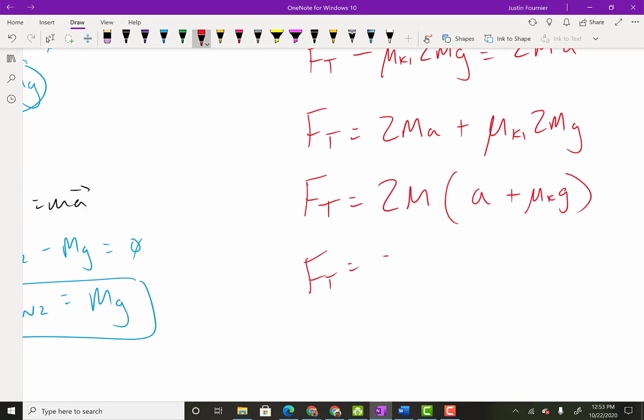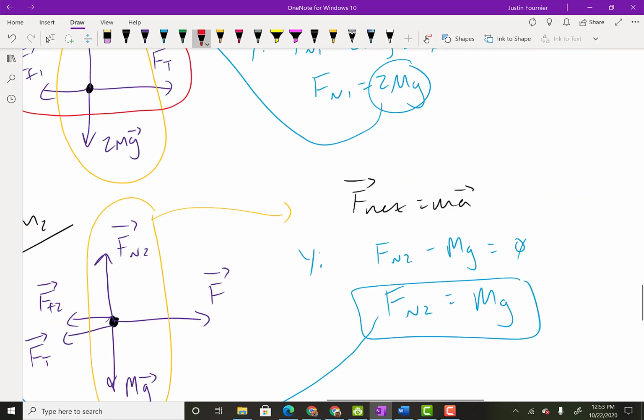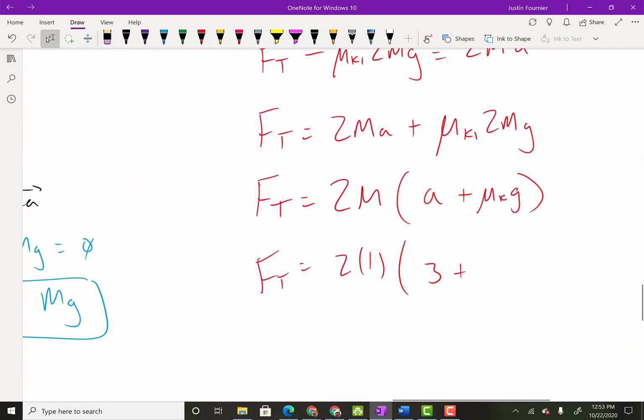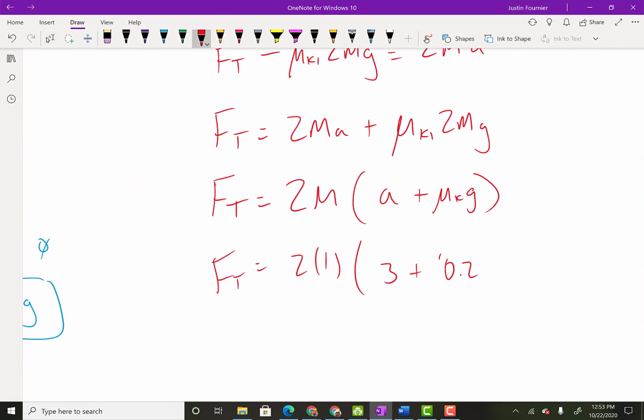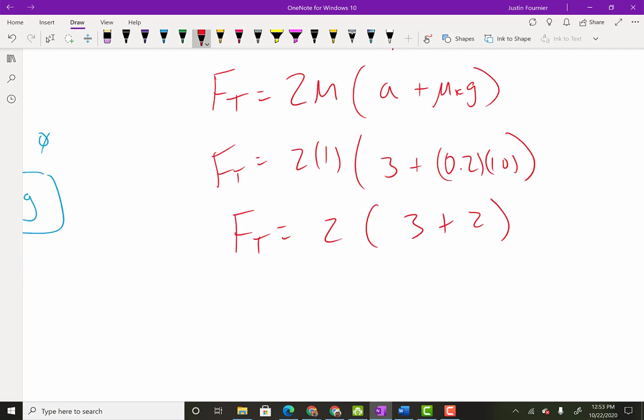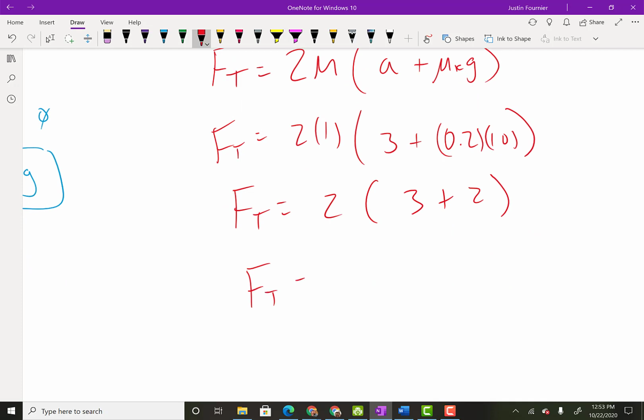So we know m is 1. The acceleration we found was 3 meters per second squared. Coefficient of kinetic friction 0.2 times 10. So this is going to be a tension force of 2 times 3 plus 2. So that's 5 times 2 is 10. So the tension force is 10 newtons.